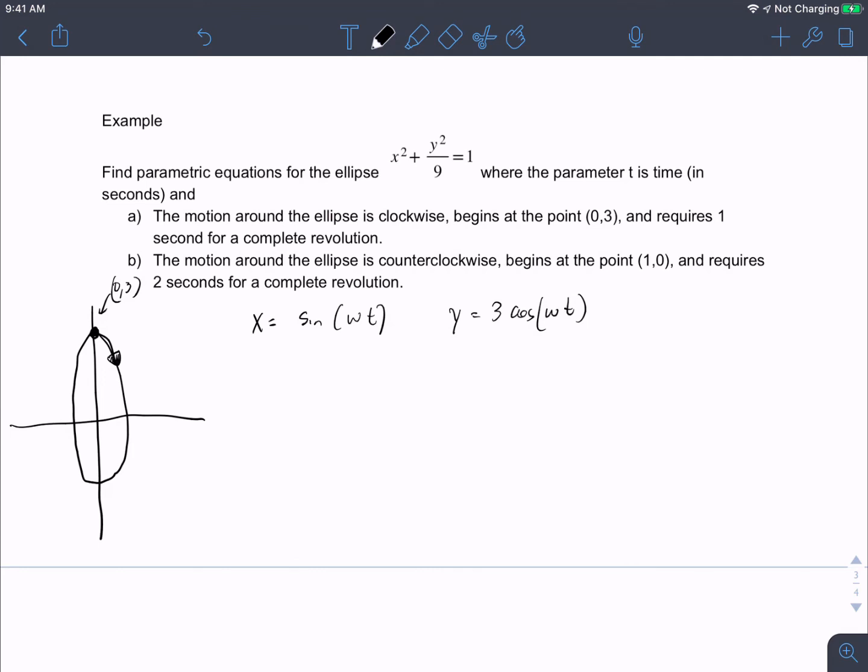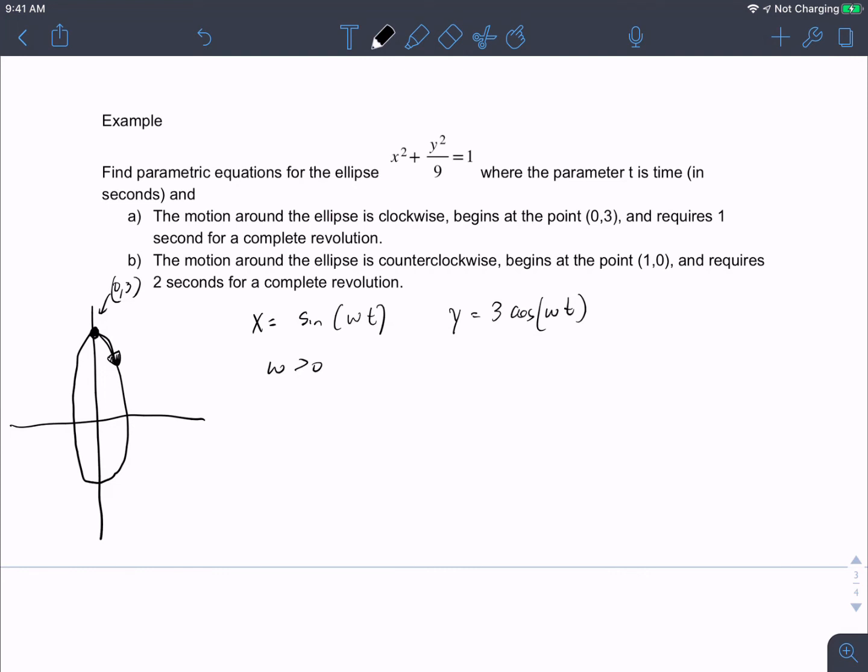Now, the thing that we also find is that our omega is going to be greater than 0, because as x is getting bigger, y is getting smaller, and so our omega needs to be a positive number, or 1. It's got to be something positive, or it could just be 1.